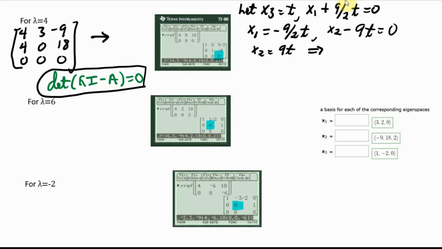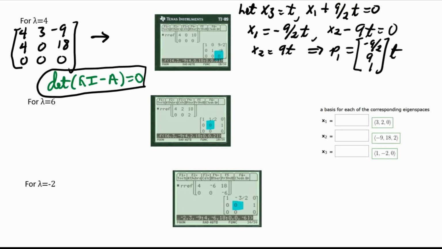So the vector that we want, let's call it the eigenvector, little p sub 1. So we get x sub 1, which is -9 over 2, x sub 2 is 9, and then x sub 3 is t. So it's just 1, and then it's just times t.